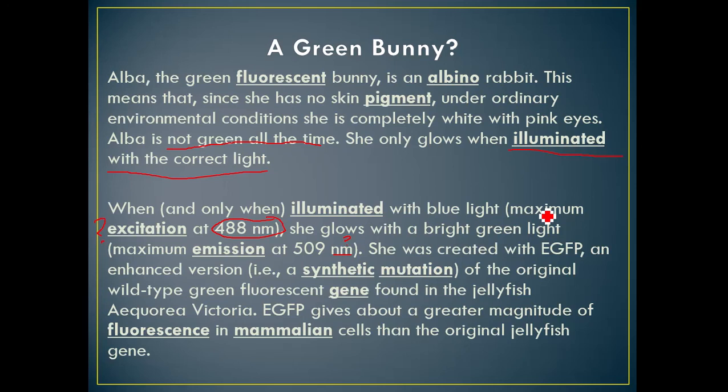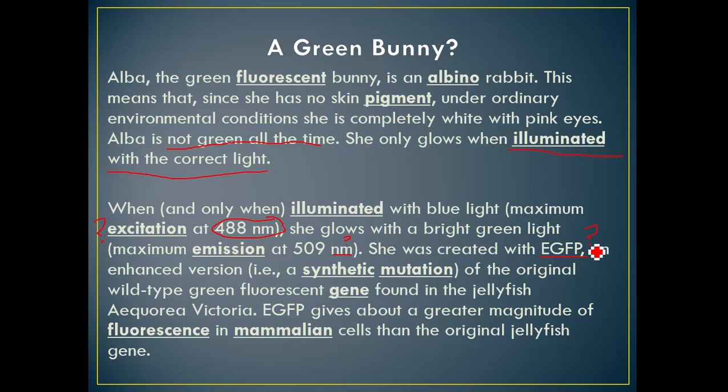She glows with a bright green light, maximum emission at 509 nm. She was created with EGFP. What the heck is that? An enhanced version, a synthetic mutation, of the original wild-type green fluorescent gene found in jellyfish Aquaria victoria.